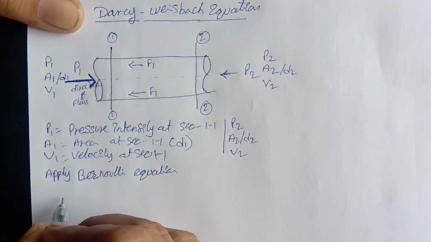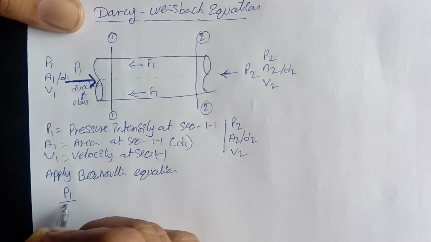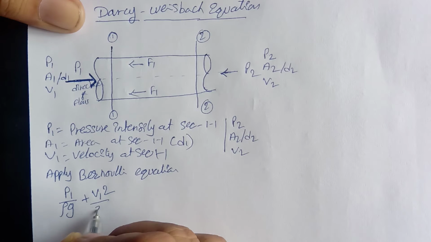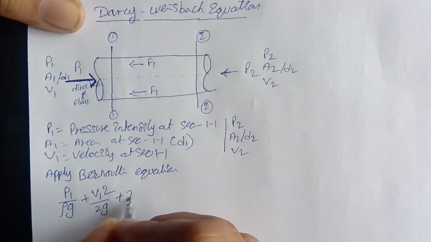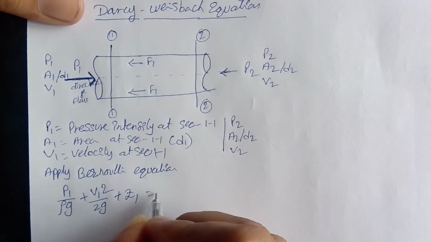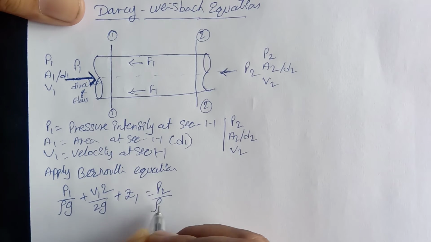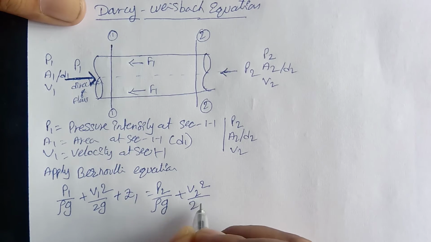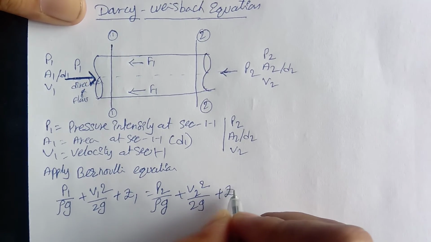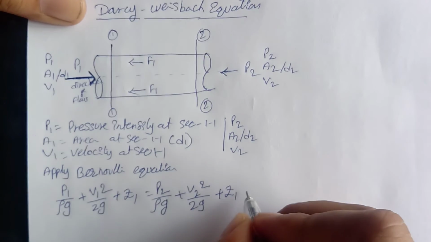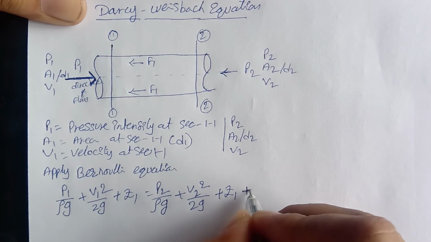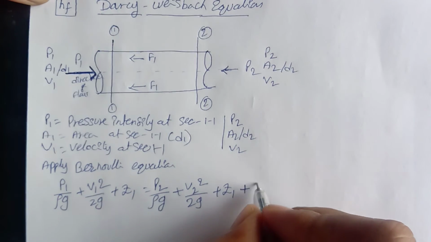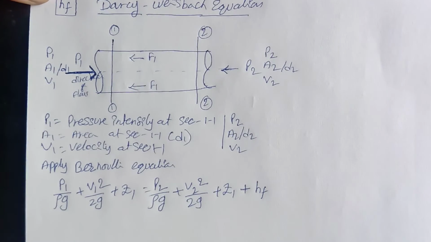The Bernoulli equation: P1 by rho g plus V1 square by 2g plus Z1 is equal to P2 by rho g plus V2 square by 2g plus Z2 plus head loss, that is HF.